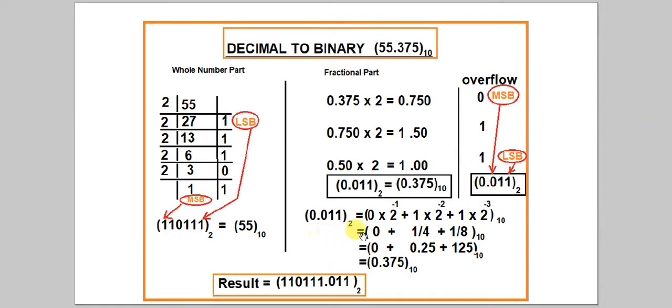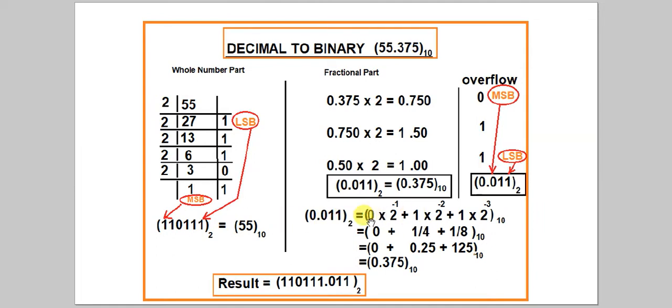Now we reconvert. How do we do the reconversion? Again, starting from the most significant bit, you multiply with 2 raised to power minus 1, 2 raised to power minus 2, 2 raised to power minus 3. The first bit is 0, the next bit is 1, multiplied by 2 raised to power minus 2, the next is 2 raised to power minus 3, and so on.